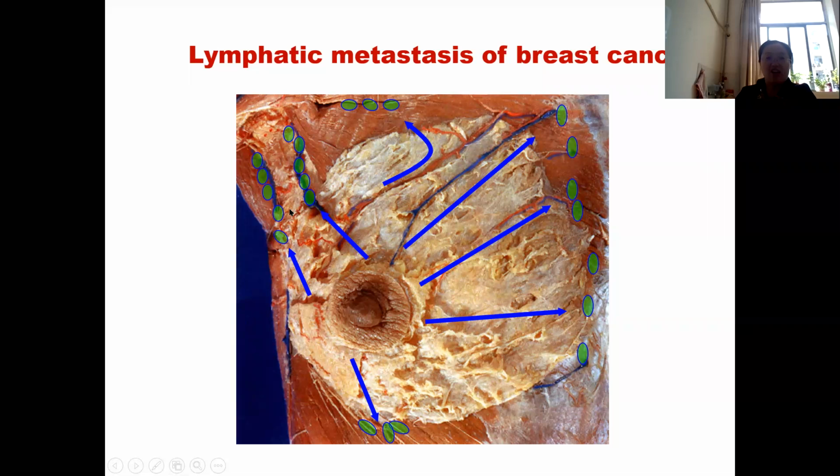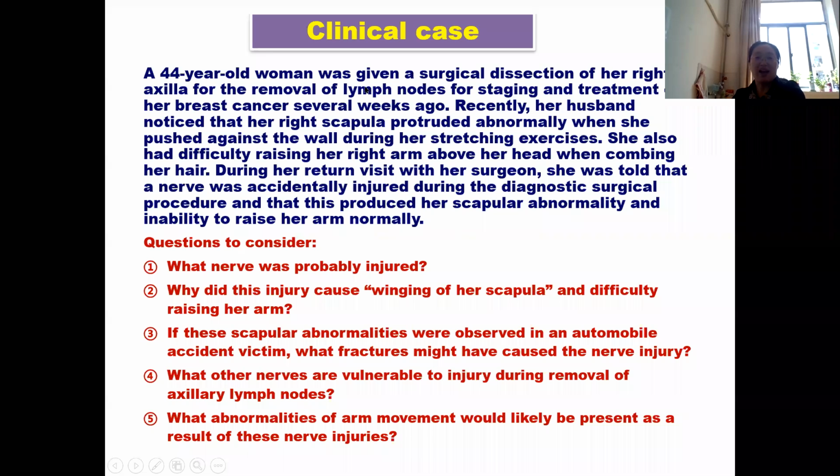So if you are a doctor and you want to completely remove all the tumor cells, you need to remove the lymph nodes of the axillary region. In this way, it is very easy to damage the structures of this region. So the long thoracic nerve can be damaged and these symptoms appear for the patient.